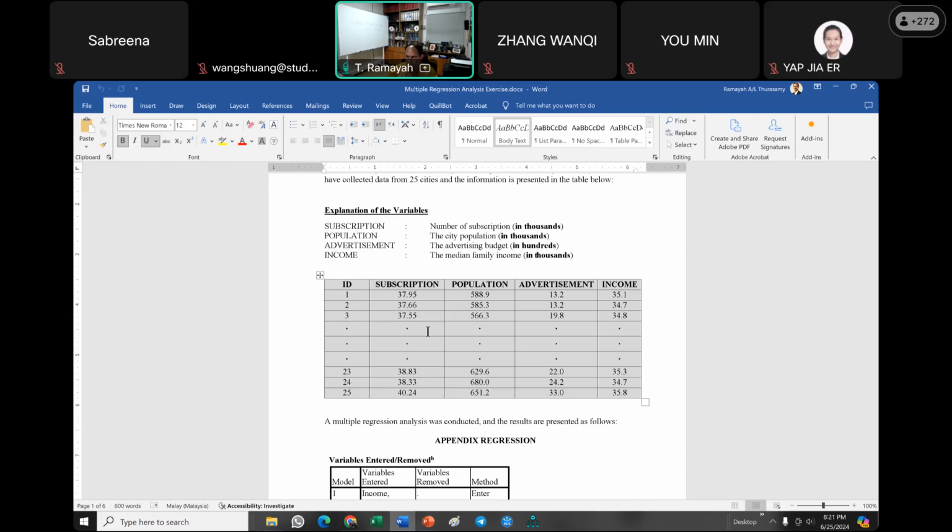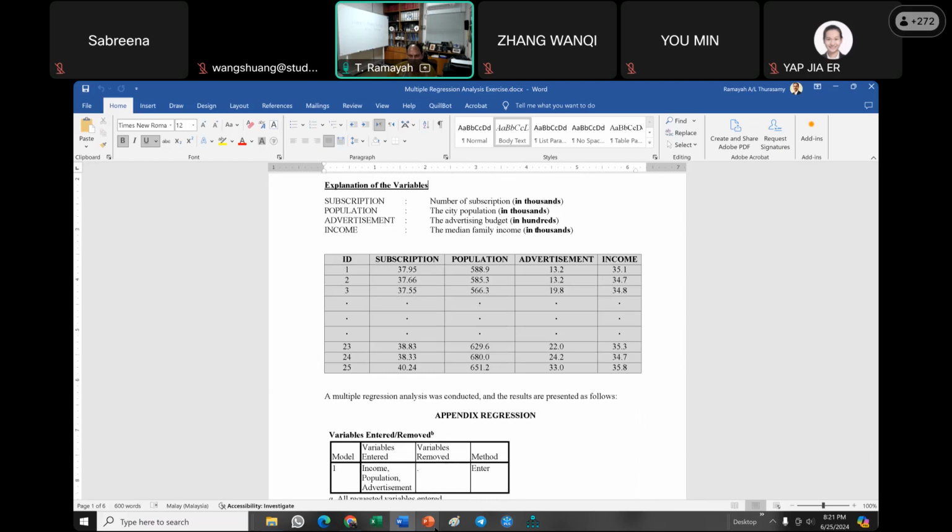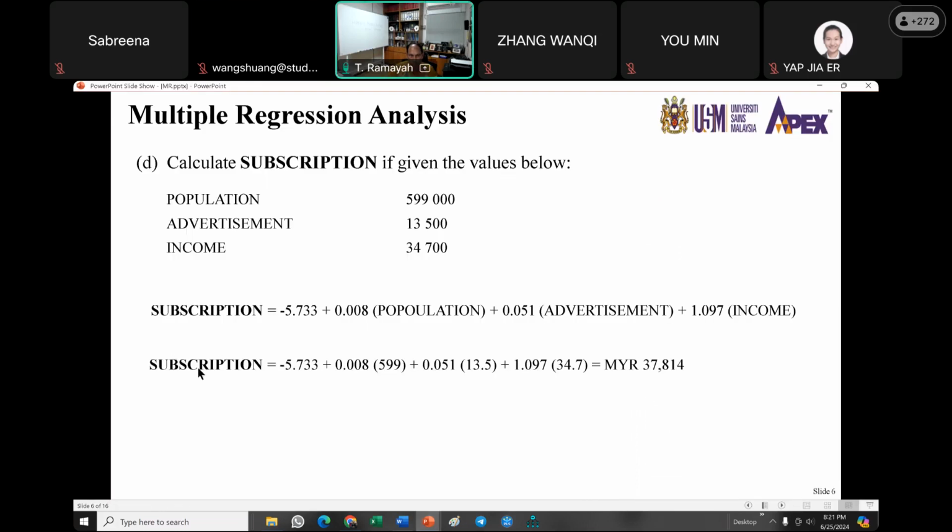But if you get 70,000, 80,000, they are not in the range, which is not possible. When you do regression analysis, your dependent variable is calculated based on these values, so it cannot be anything bigger than or very much lower than this number. So that's how you calculate your dependent variable given x1, x2, and x3. Okay, and that's the calculation.